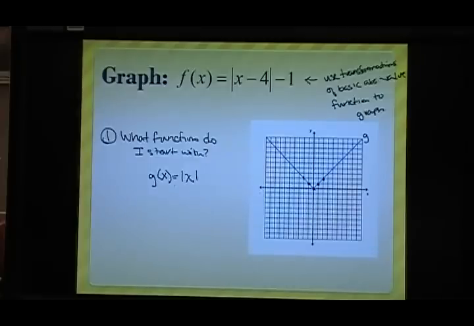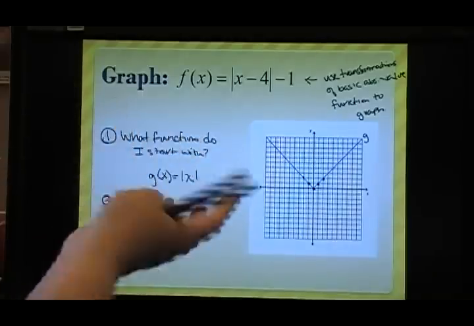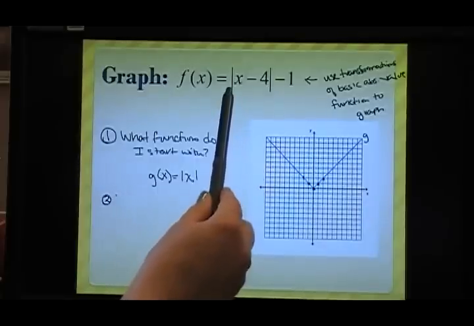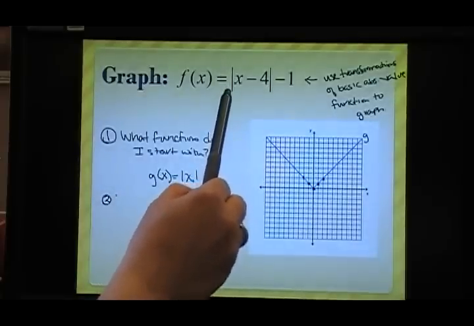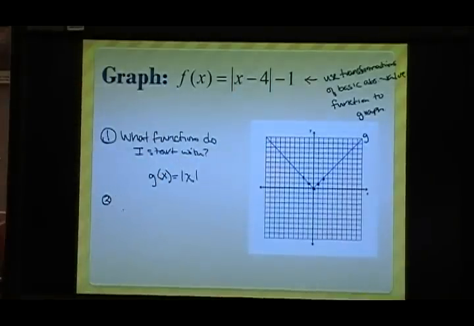Okay? And then, once I know what I'm starting with, then I'm going to take that graph and do either rotations if necessary and shifts if necessary. So looking at this, I do not have a negative value for a, so I don't need to do any flipping.